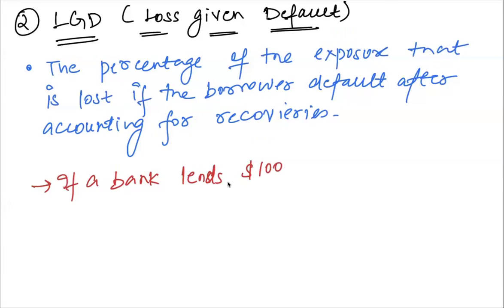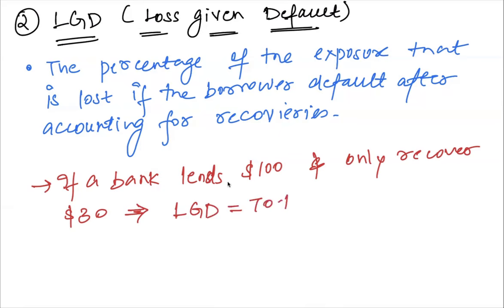If a bank lends $100 and only recovers $30, then LGD is what? 70%.